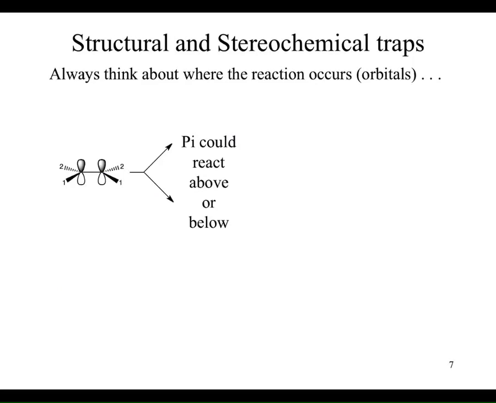Our structural and stereochemical traps that we have to worry about is we have to think about how the reaction occurs and where. So when the reaction first started, we were talking about the pi electrons, so the electrons in that pi bond coming out to react with the hydrogen. Well, those electrons are in p orbitals. The p orbital occupies space both above and below the plane of the molecule, which means that hydrogen could be placed either above or below the plane of the molecule.